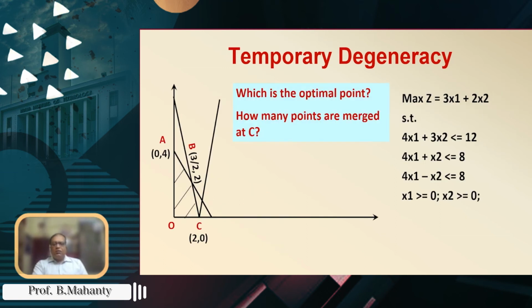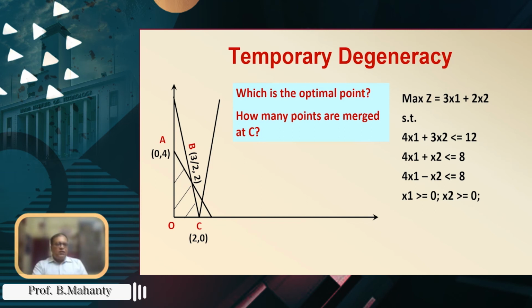If you draw this graphically, you can see that this is the constraint 4x1 plus 3x2 less than or equal to 12. That is the line between A and B, where B is 3/2, 2.